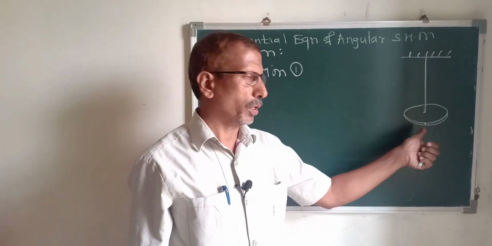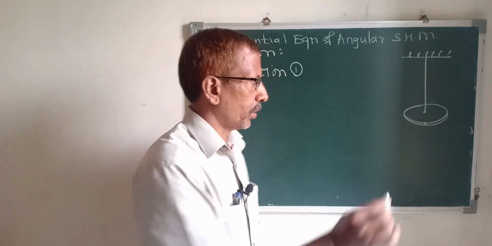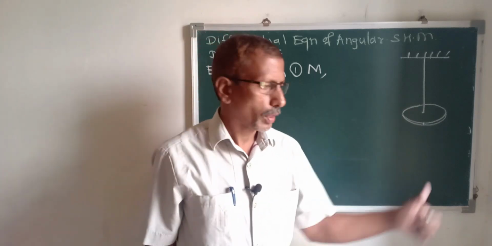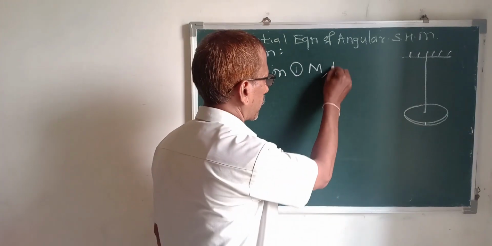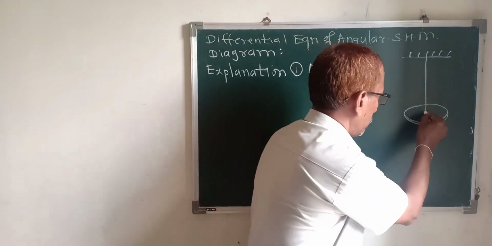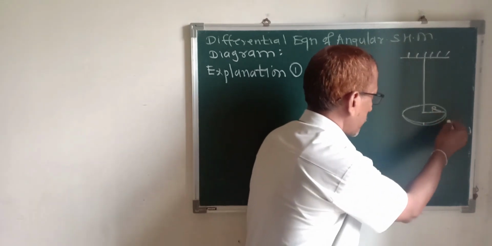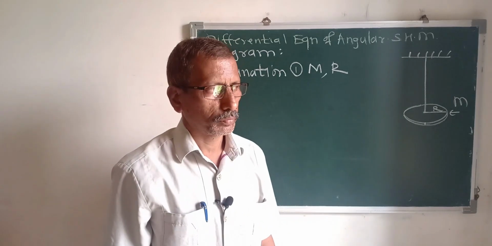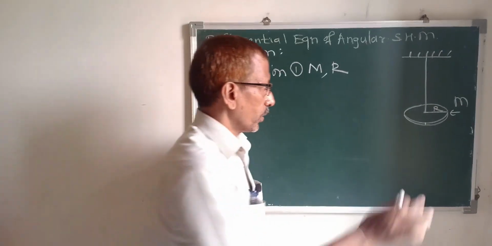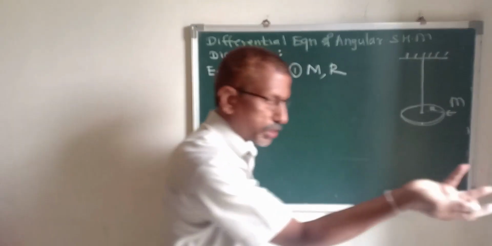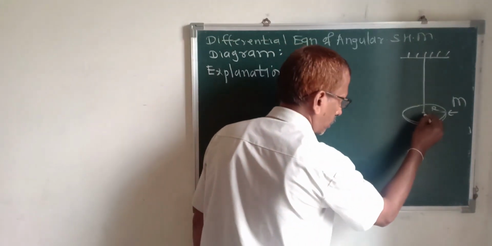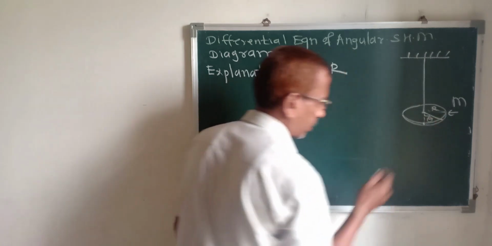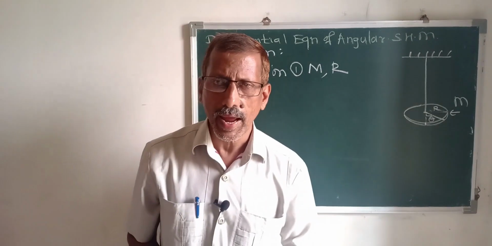Let us consider a metallic disc of mass m having radius r. The radius of the metallic disc is r, its mass is m. This metallic disc is twisted through angle theta, so theta represents angular displacement.